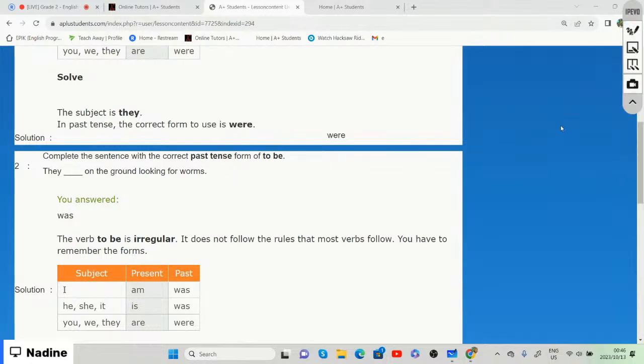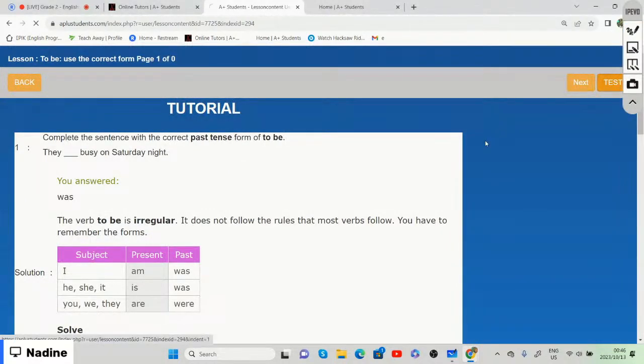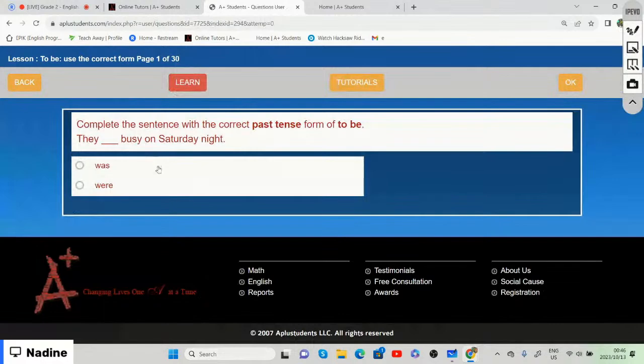All right. So now, before we end our class, let us quickly do at least one or two questions of our test where we complete the sentence with the correct past tense form of to be.